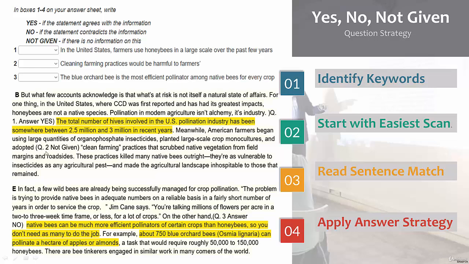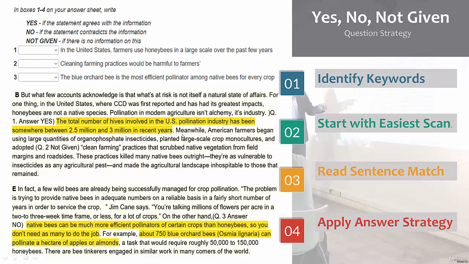Number 2 is right here in terms of not given, because number 2 is about clean farming, and here we see the language for clean farming. So it says, meanwhile, American farmers began using large quantities of insecticides. I'm not going to try to pronounce that word, organophosphate. I guess I will.